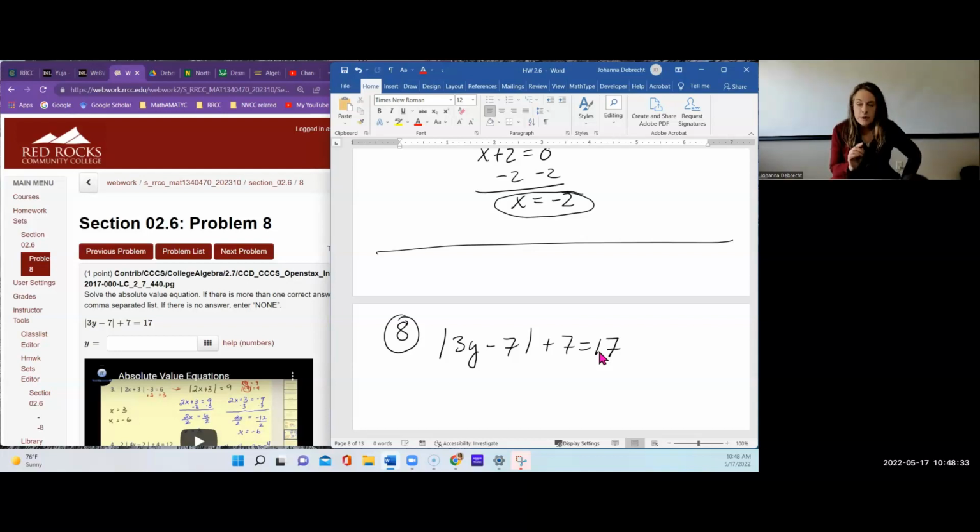Don't say that it's either 17 or negative 17. Whoa, totally wrong. That's because the plus 7 is not part of the absolute value. You have to isolate the absolute value so you can replace it with the distance from 0 on the number line. That means the minus 7 has to move.